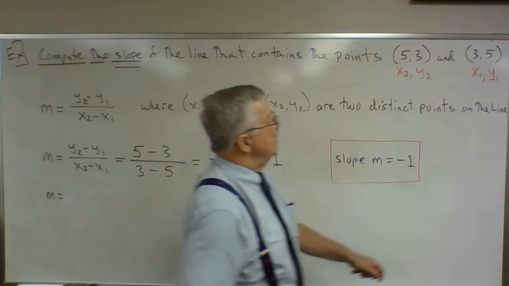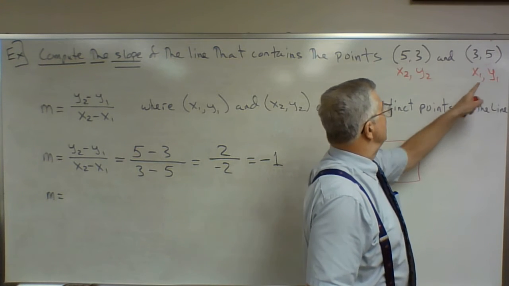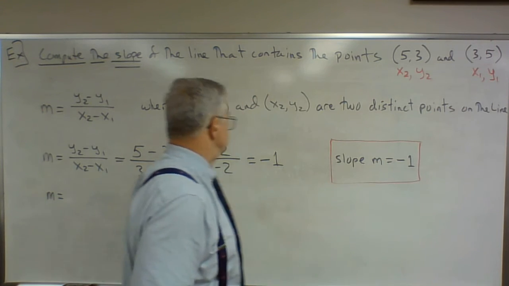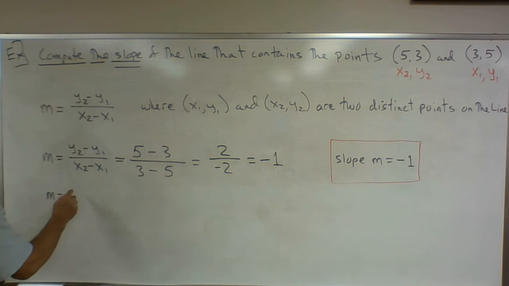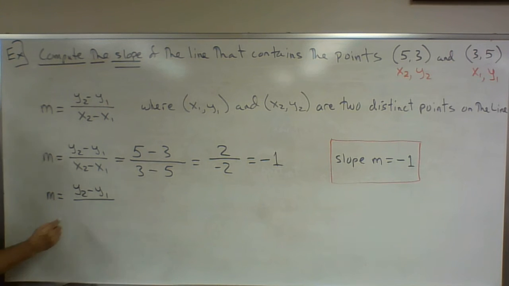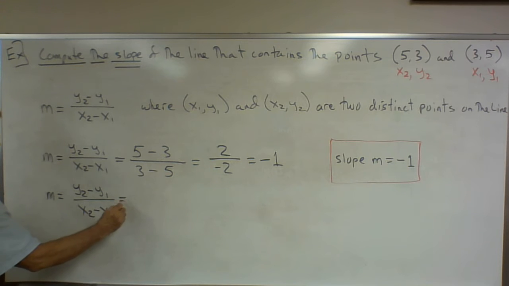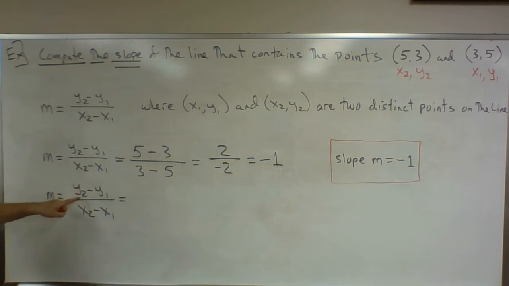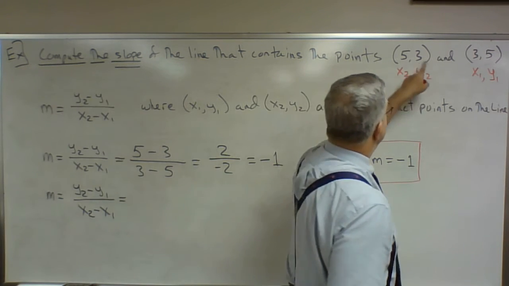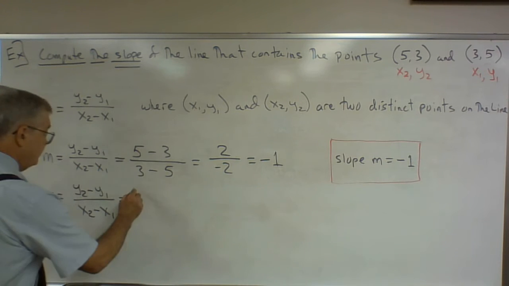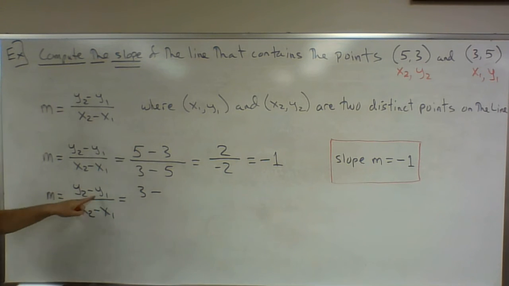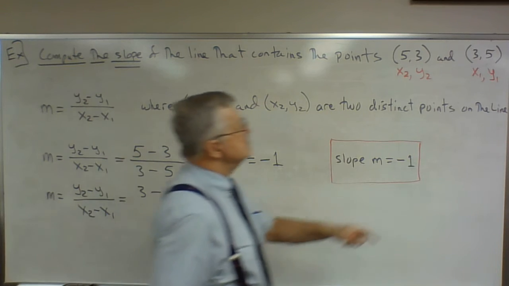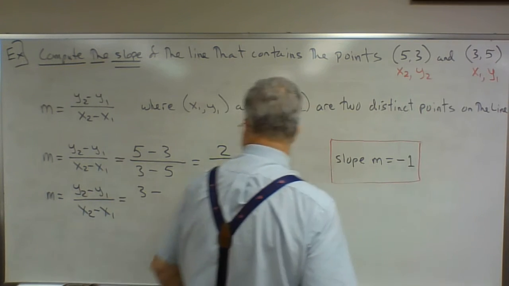Using our reassigned values of x1, y1, x2, y2, we still use the same slope formula, y2 minus y1 over x2 minus x1. Y2, that's 3. Y1, that's 5.